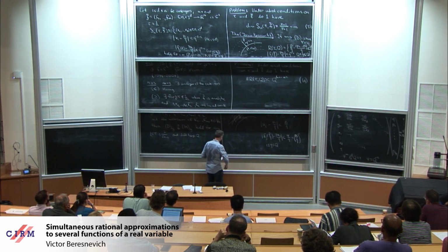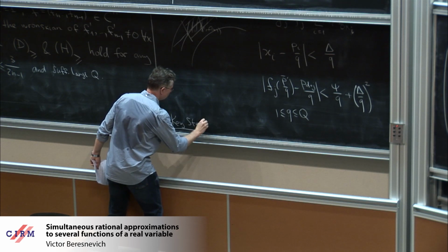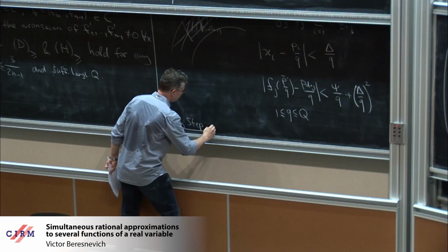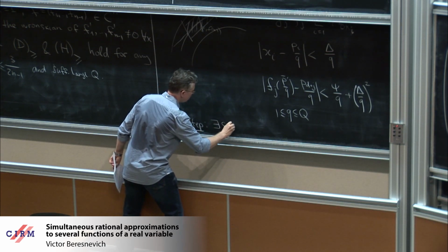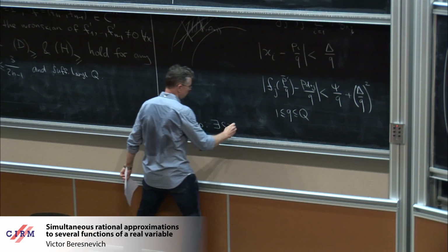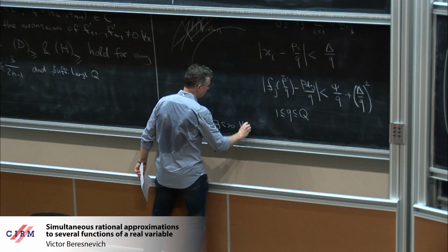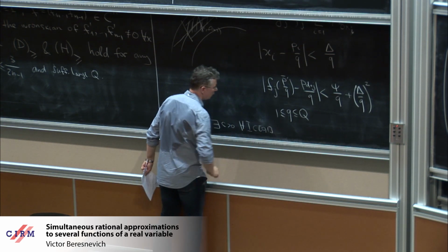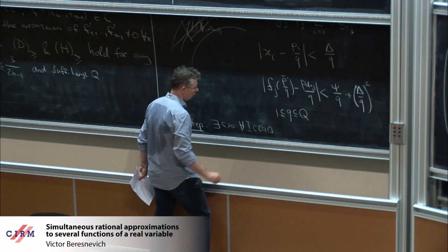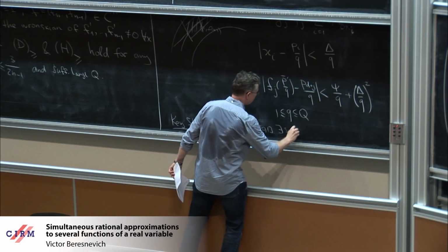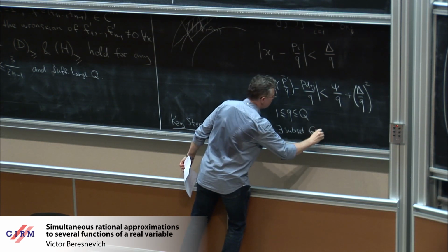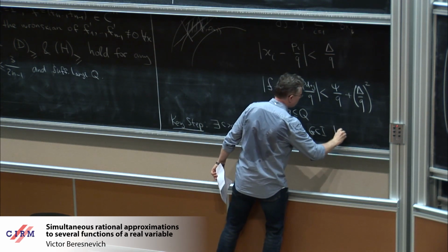So the key step of the proof is to show that, to be more precise, there exists a constant c bigger than 0 such that for any interval I inside [0, 1], there is a subset, let's call it G inside I, of large measure.